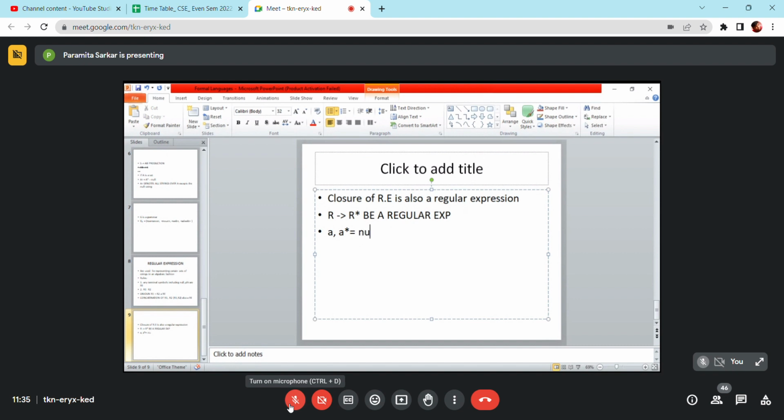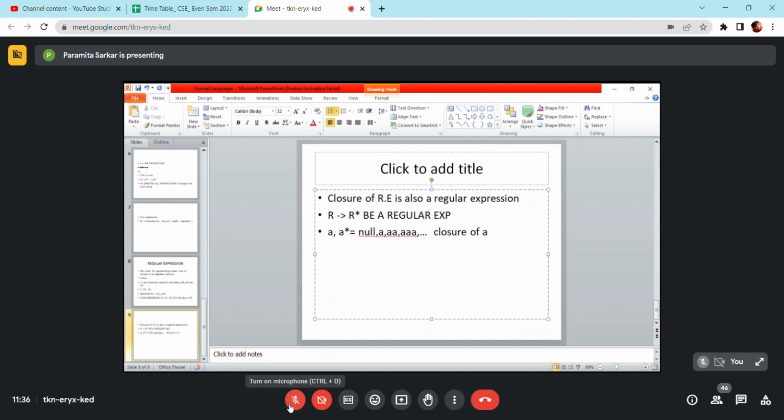So it consists of null, a, aa, aaa, like this. All the forms of a is called a star or the closure of a. So this is called closure. I may write here closure of small a.